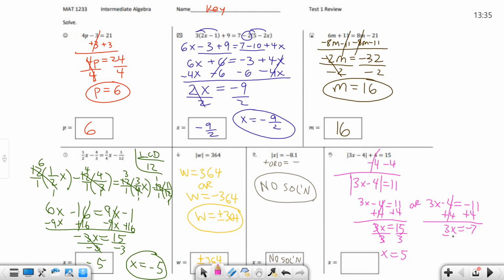Keep it negative because 11 is negative, and then divide by 3, so x is equal to negative 7/3. So x equals 5 and negative 7/3. If I wrote it outside, I'd circle it, but I really want my answers in here, right? I already have x equals. Don't write that. 5, comma, negative 7/3.